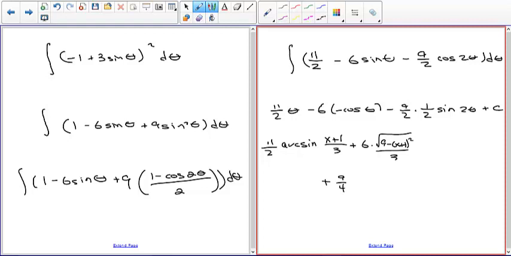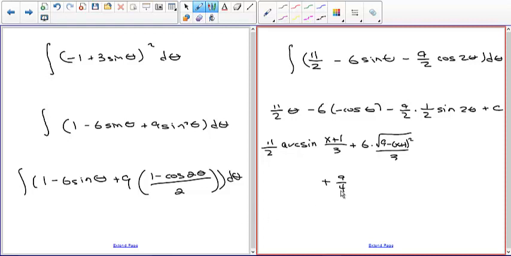So anybody have any idea how I would handle that? Look on your sheet on the trigonometry page. Do you see anything that says sine of 2u? Yep, so it's a double angle formula. There's only one choice.